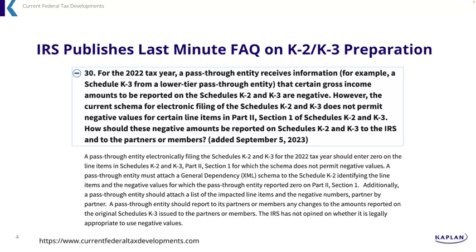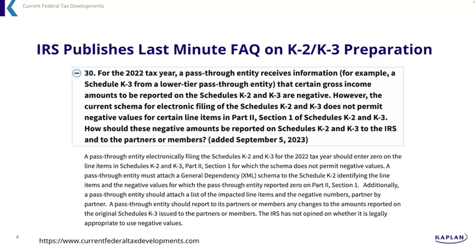So somehow we have this negative one. And what's happening now is partnerships that got this K2 or K3 from another partnership with a negative number in that block are unable to complete their return, at least electronically file it.